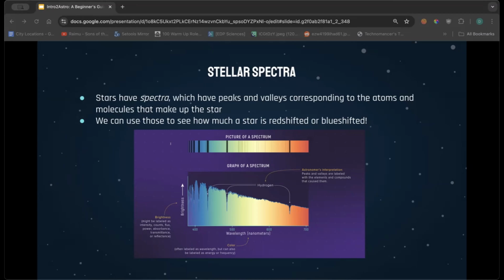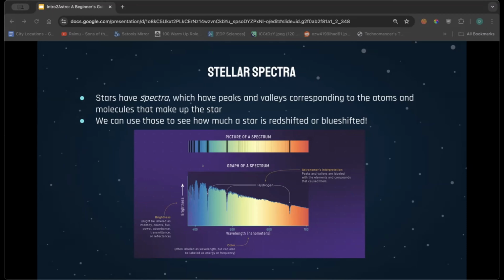And so light of all wavelengths gets emitted by the star, but the atoms inside the star's outer layers interact with that light. If the atoms are colder in the inside of the star, they absorb their own special wavelengths of light, causing dips in the spectrum at different wavelengths. And these are really, really thin dips, importantly, like a fraction of a nanometer wavelength.